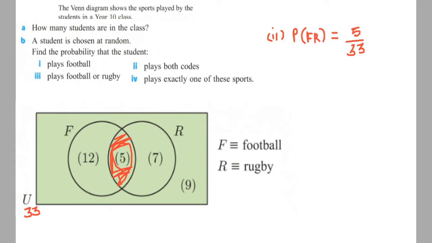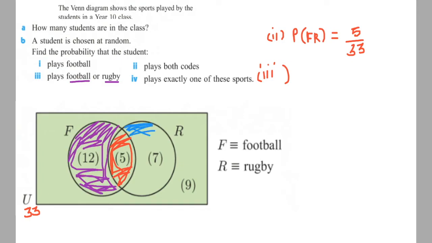Let's answer the third part now. Plays football or rugby? So these are the students who play only football. These students play only rugby. Have a closer look at the question. Question says plays football or rugby, which means there will be some students who would play both.